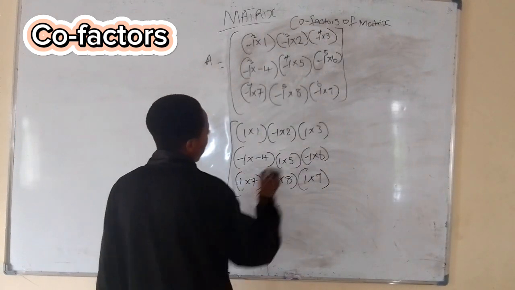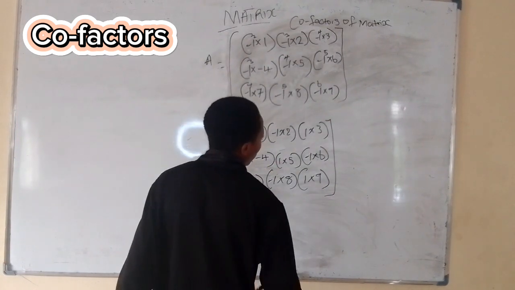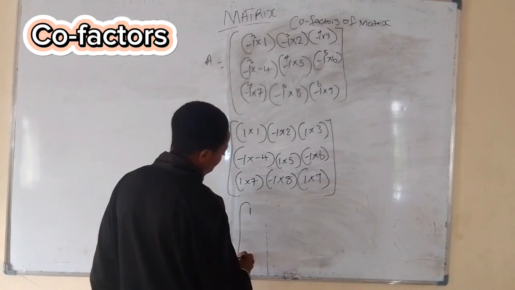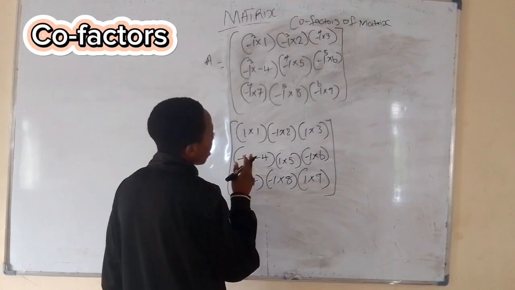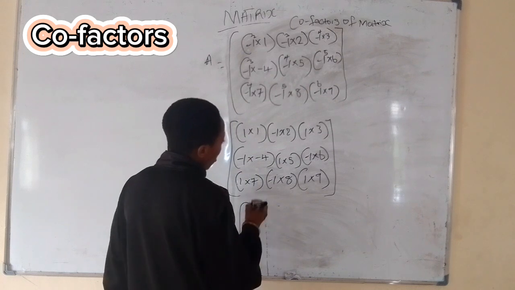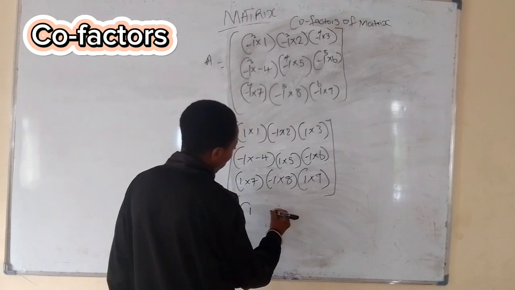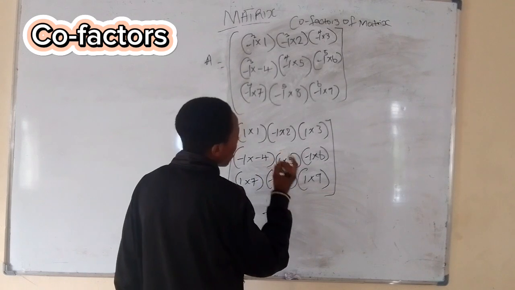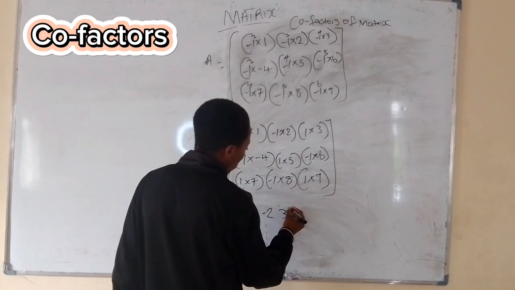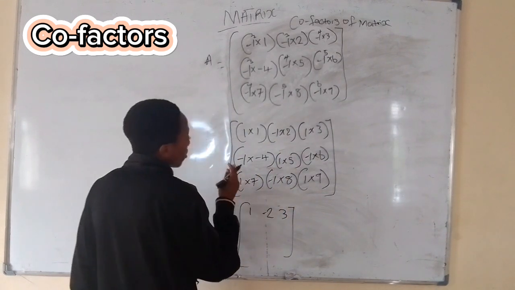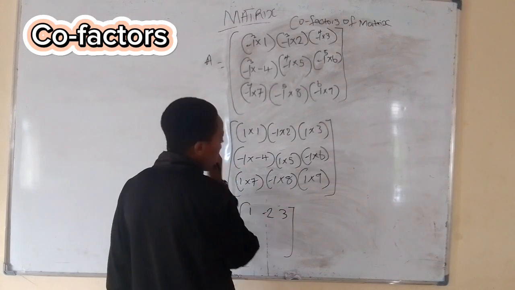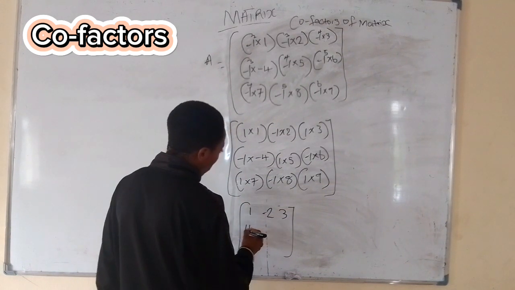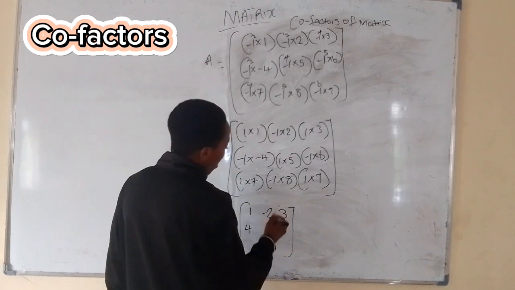So we're almost there. 1 times 1 is 1. Minus 1 times 2 is minus 2. 1 times 3 is 3. Minus 1 times minus 4 is plus 4. 1 times 5 is 5.